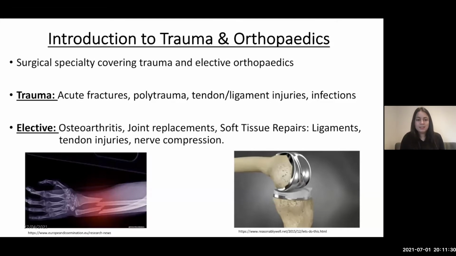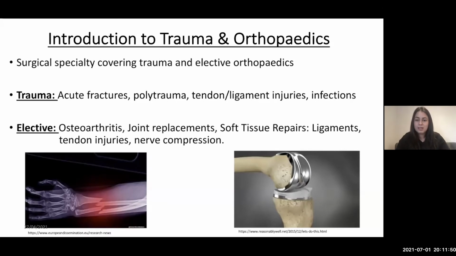The elective side, with the ever-aging population, we deal a lot with arthritis, osteoarthritis in particular, and do a lot of joint replacements: hip replacements, knee replacements, shoulder replacements. We also do soft tissue repairs, such as rotator cuff repairs in the shoulder.